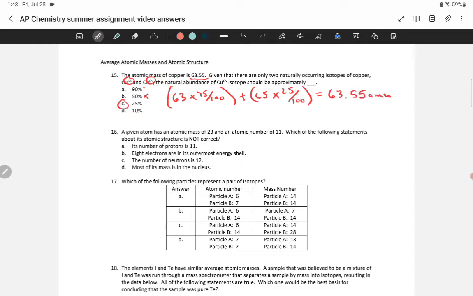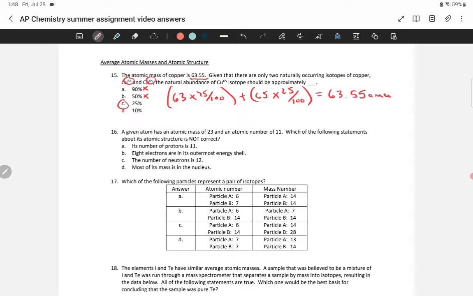I also know that's why it can't be that. It has to be less than 50%. And so that took me down to C and D. You might be able to do that without doing any math, but if you're not comfortable with that, you could do the math of those two, and you would still arrive at the right answer, answer C.